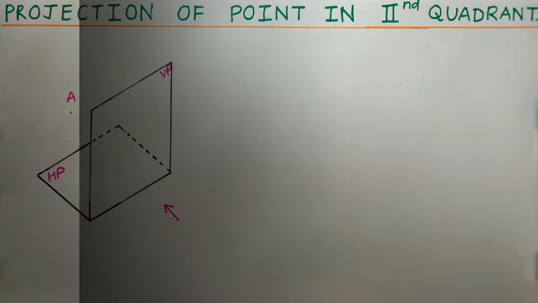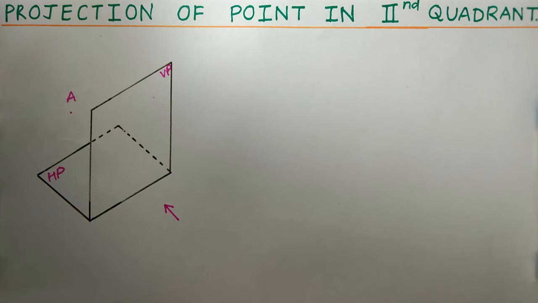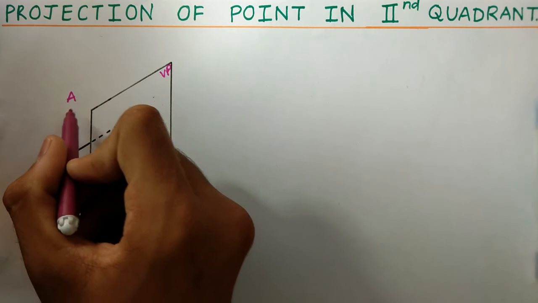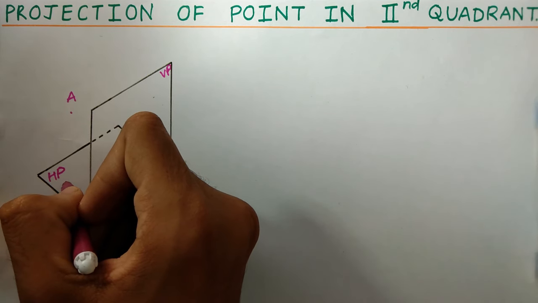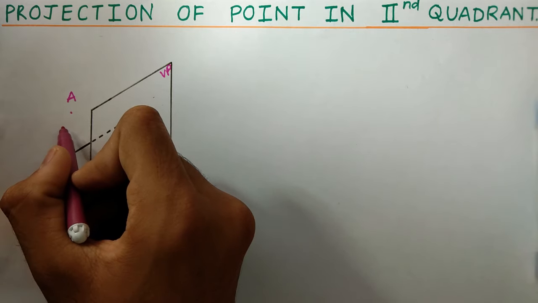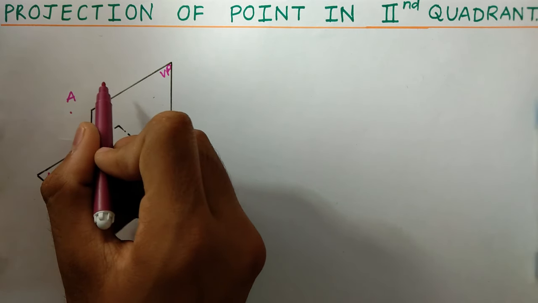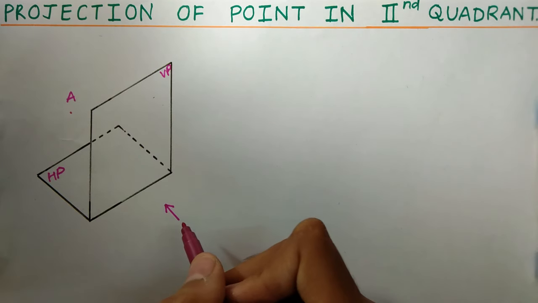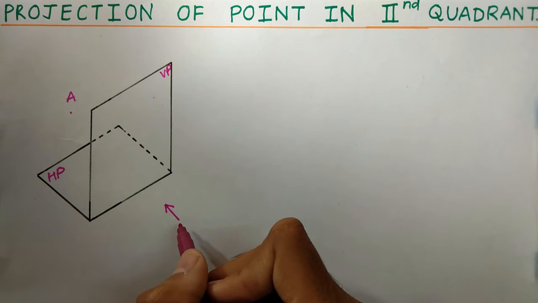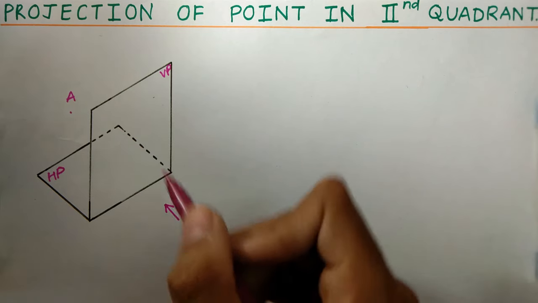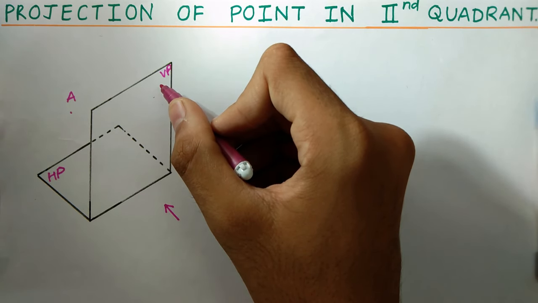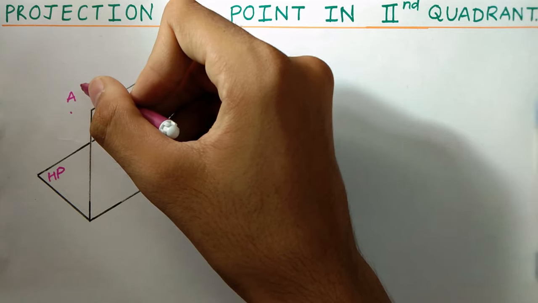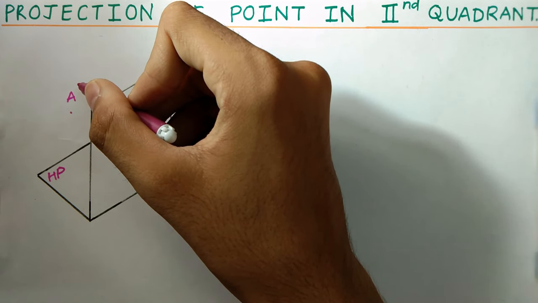So now guys, consider a point A which lies in the second quadrant. Point A has been shown. Whenever a point A lies in the second quadrant, it is said to be resting above the horizontal plane, but now it is resting behind the vertical plane. When the observer direction is this and the observer is allowed to view this point A, then this vertical plane acts as an obstacle between the observer and the object or point.